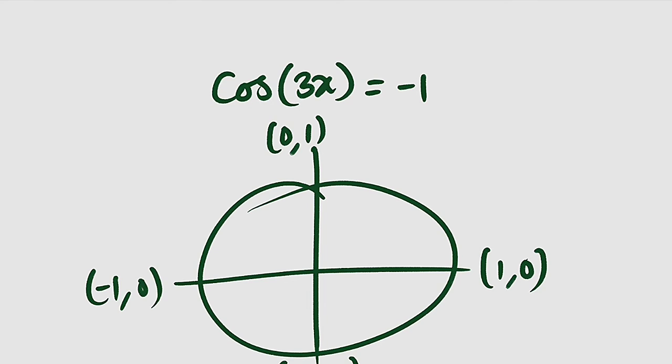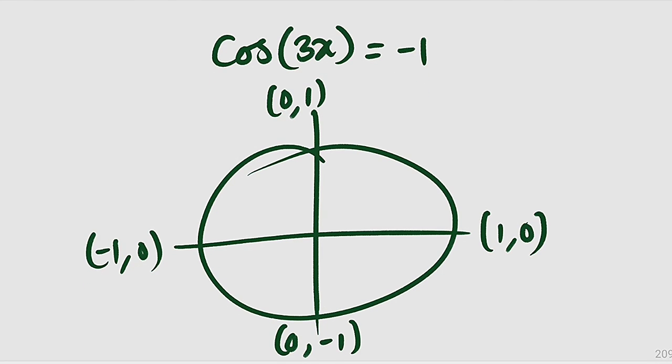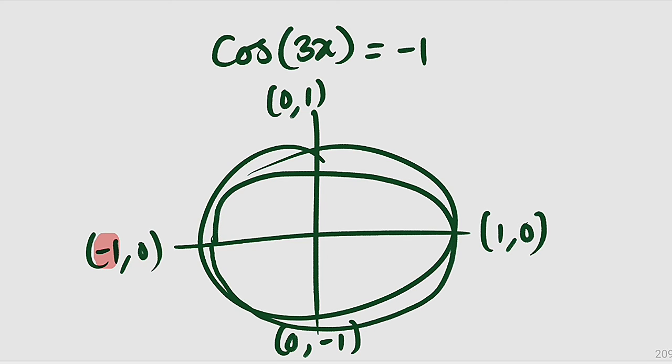The first coordinate is for x. And you should know that cosine depends on what? X-axis. Therefore, there is only one place where we have x equal to -1, which is here at angle 180. This implies that this 3x is equal to what? 180. But you should know that once you add 360, which is a complete cycle, you're going to come back to where you started.